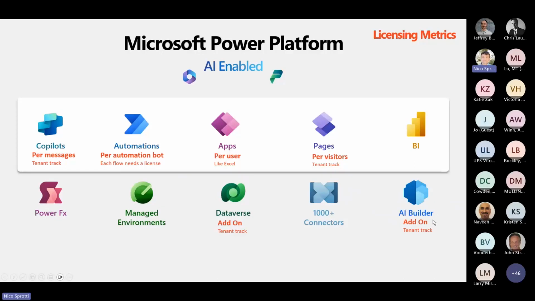So those function more as an add-on type thing, right? And then we'll also have 1,000 connectors and managed environments that come out of the box the minute you purchase one of those. And Power Fx is no more than, if you're very good at Excel formulas, think of it as a language that you would find across the platform to develop the app. So that's the license, that's the product that we are going to talk about today.